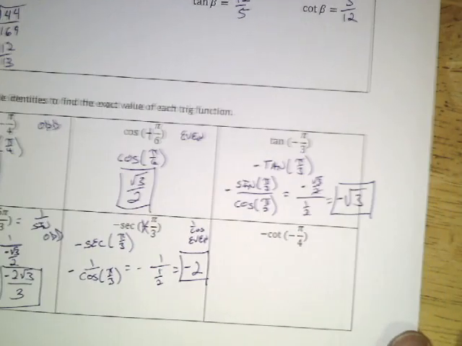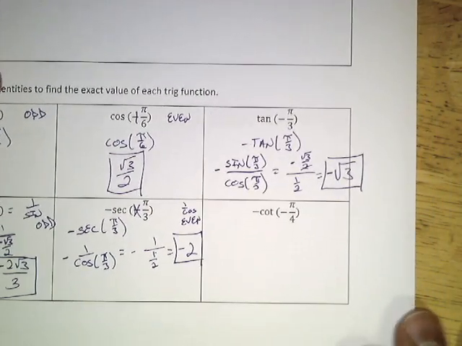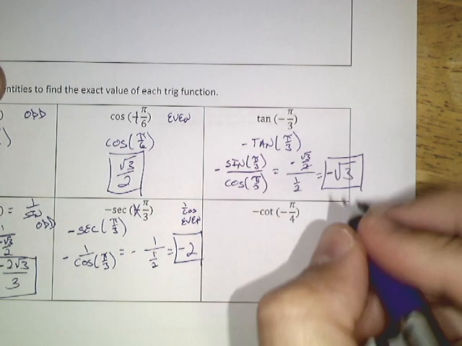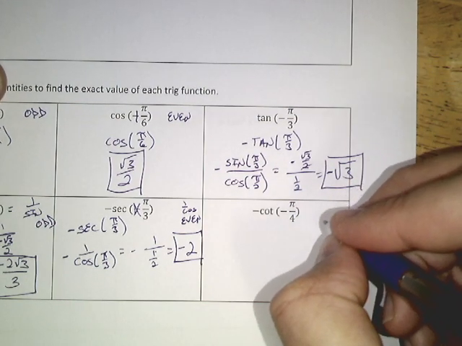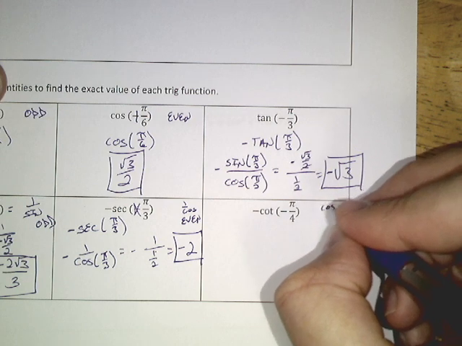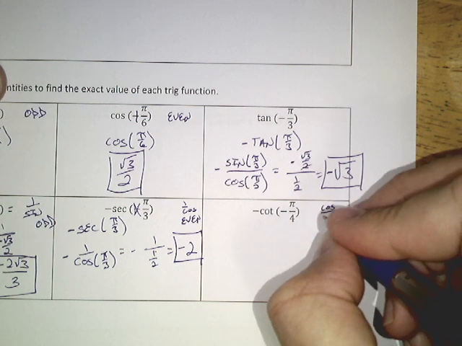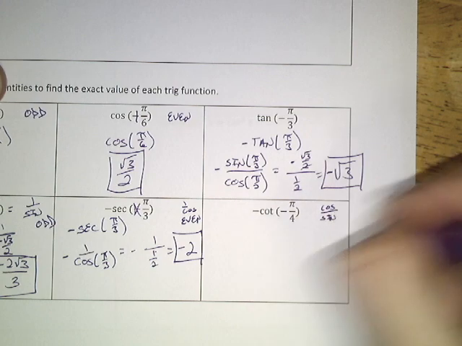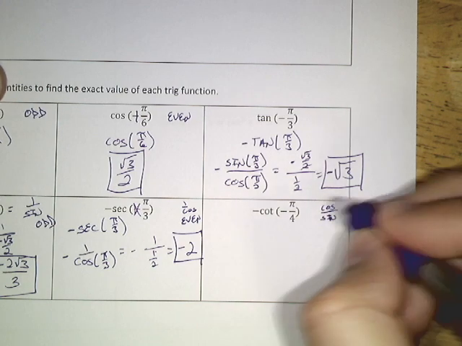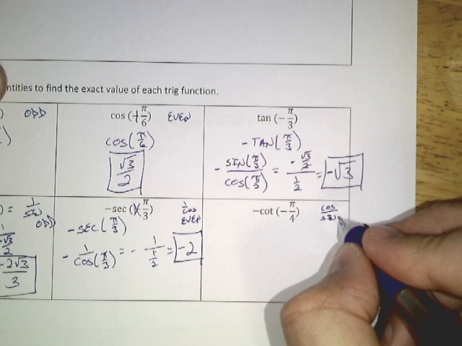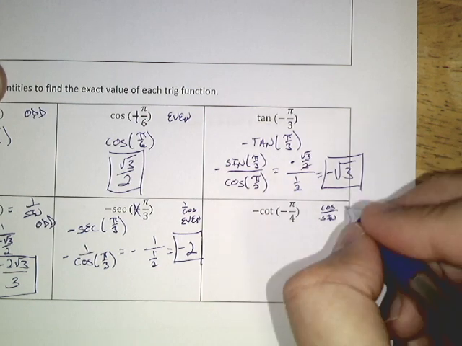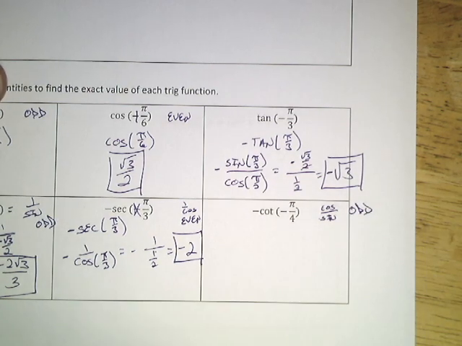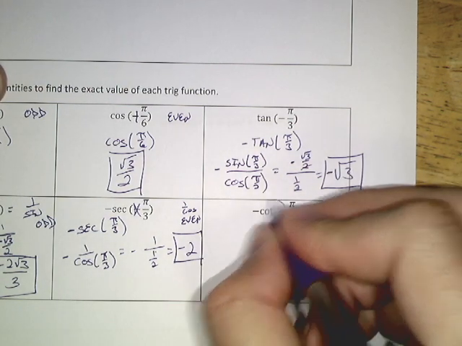One more for this page. Cotangent of negative pi over 4. Cotangent is cosine over sine. Since cosine is even and sine is odd, sine would be turned negative, but cosine would stay the same. So that makes cotangent an odd function. So we could bring this negative out.